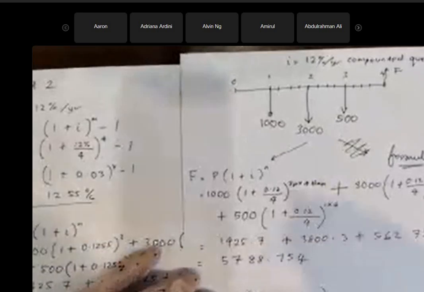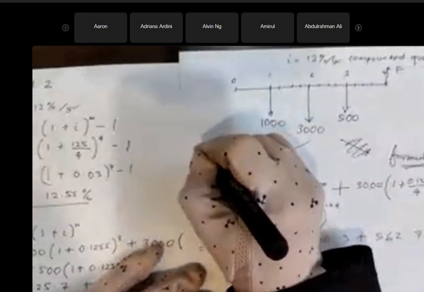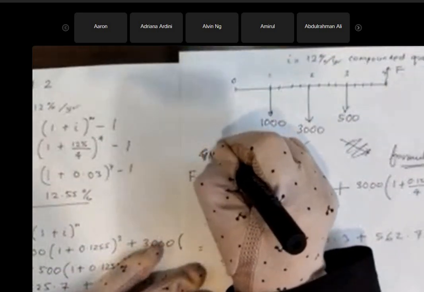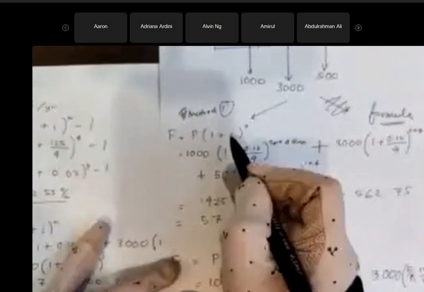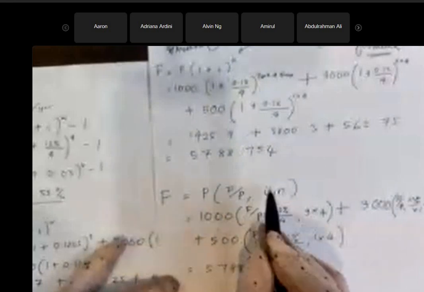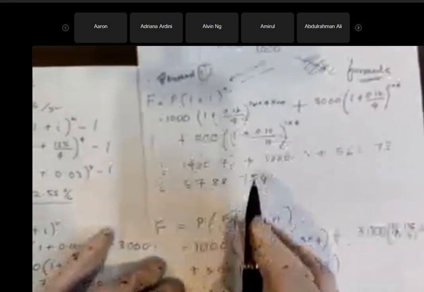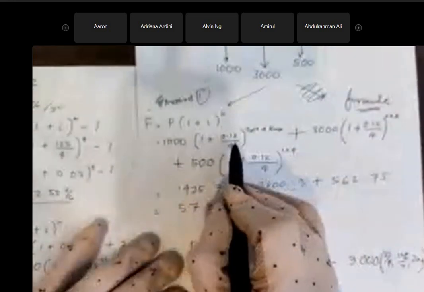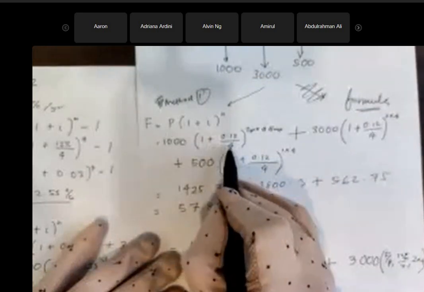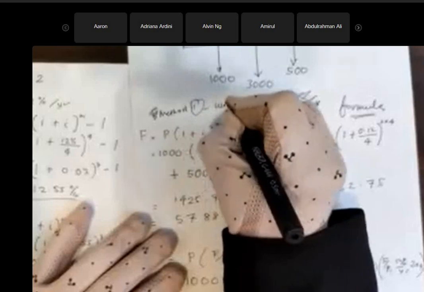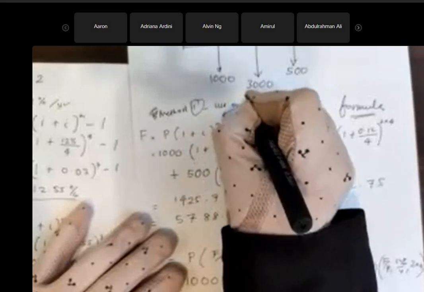Look at this. This is the first method, method 1. Method 1 also has two ways: one by using the formula, second by using the table. Method 1 means you calculate by using the nominal interest or growth rate.